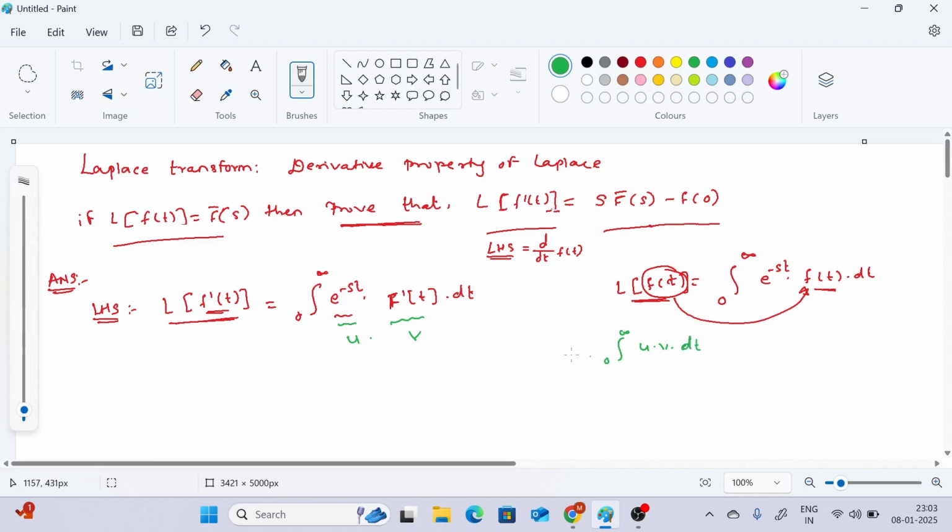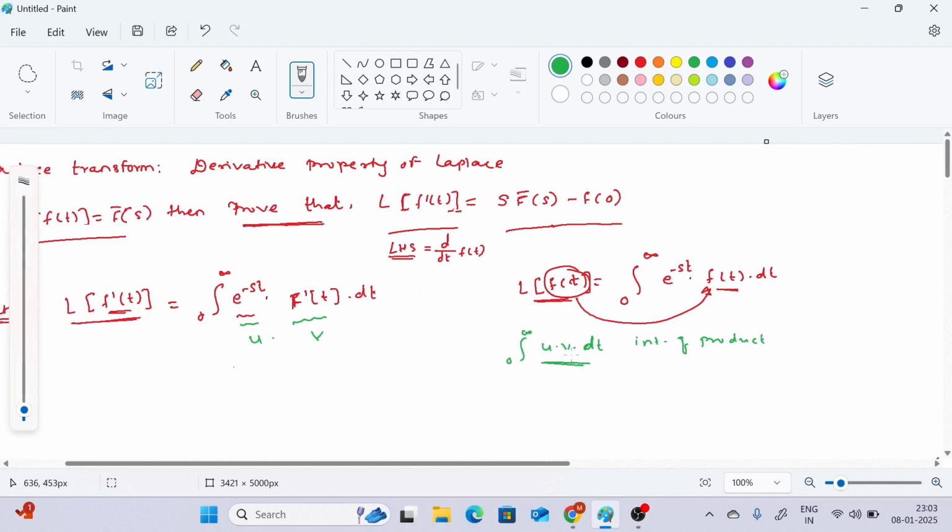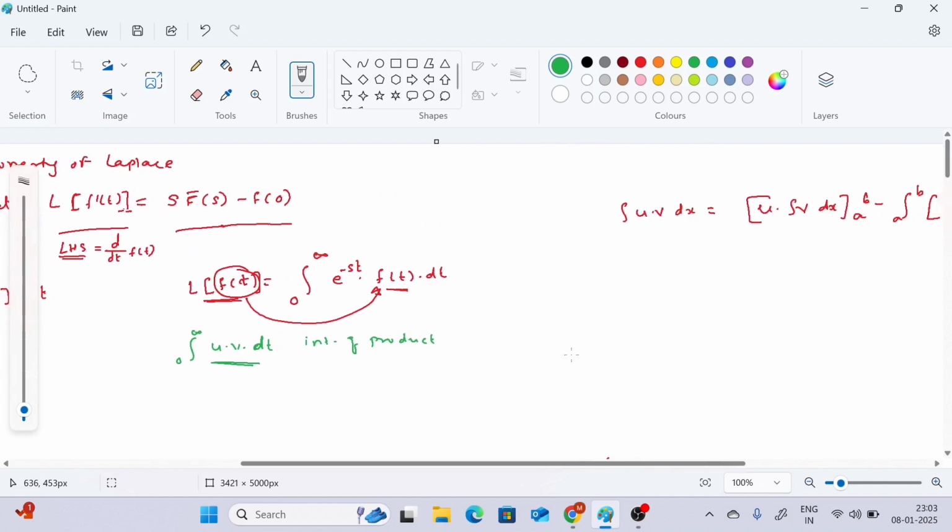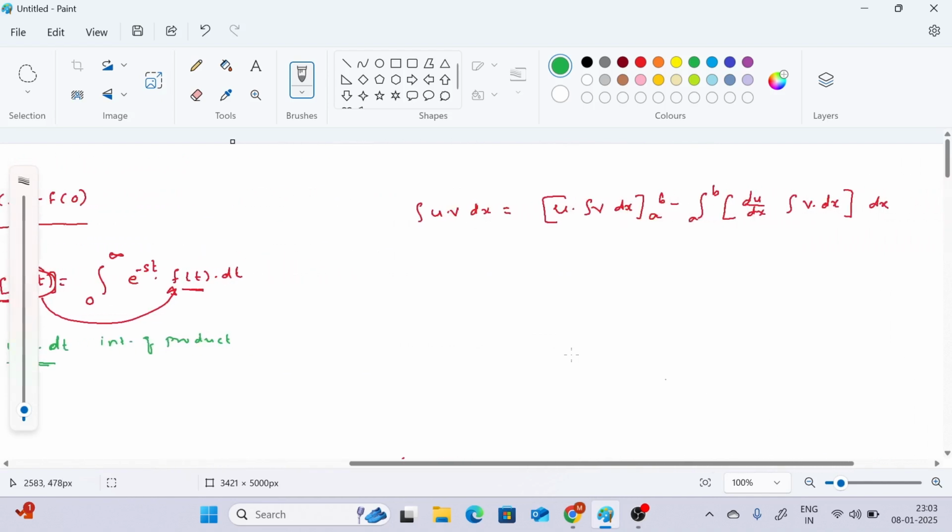So means I am going to apply the standard formula of integration of u v dt, means इंटीग्रेशन ऑफ प्रोडक्ट का जो रूल है वो हम यहाँ पे यूज करने वाले हैं। सो यहाँ पे मैंने ऑलरेडी रूल राइट करके रखा है.